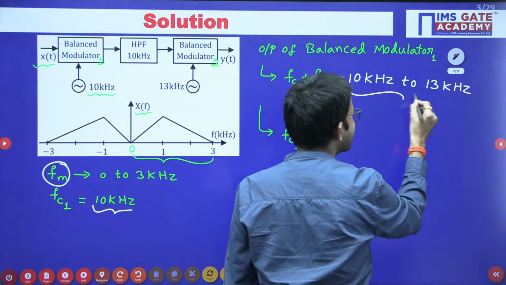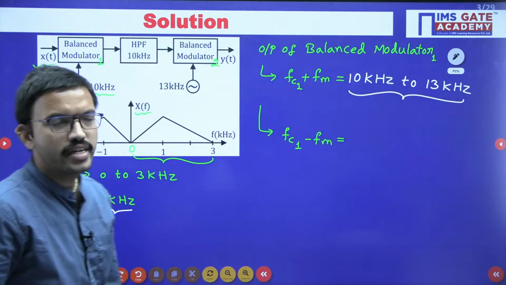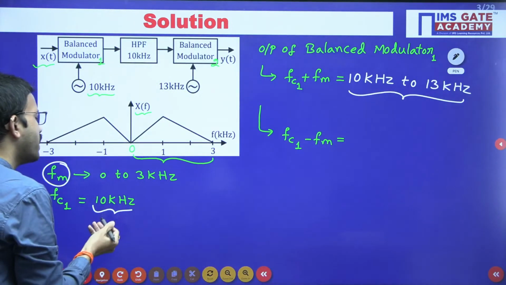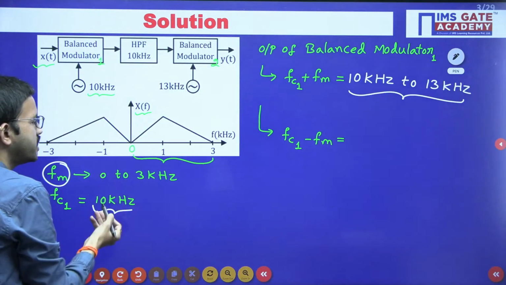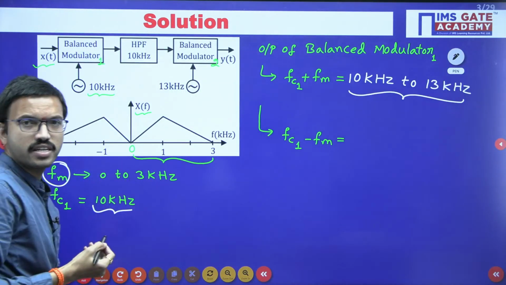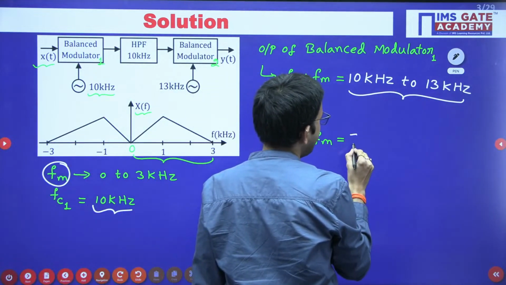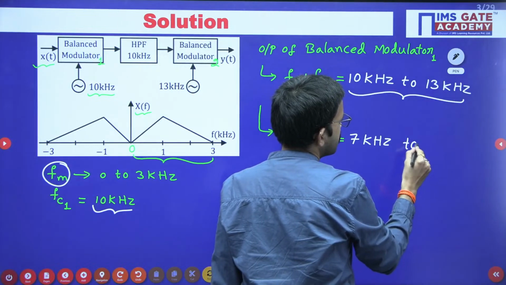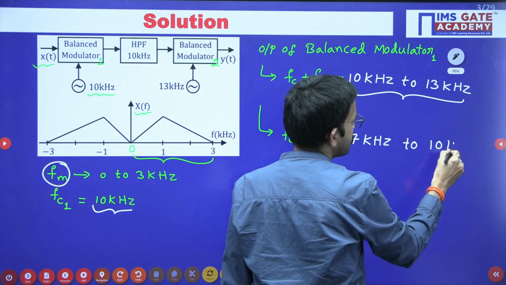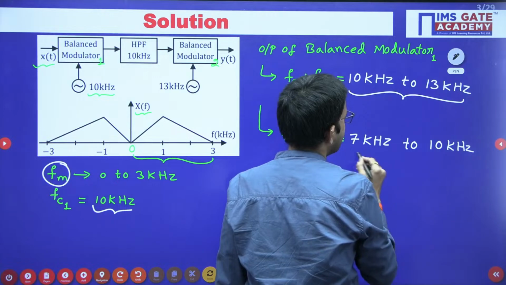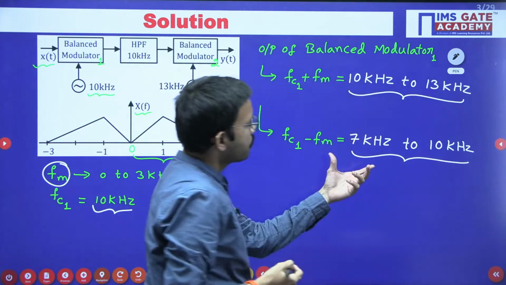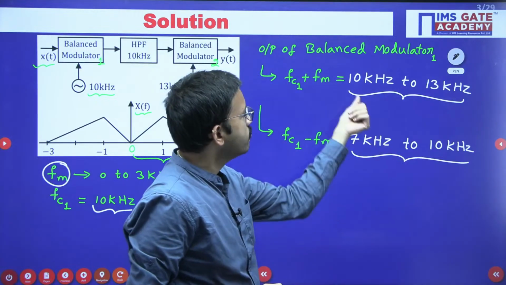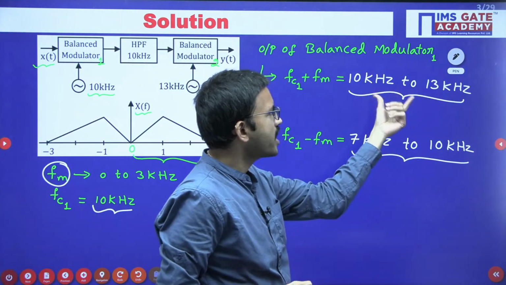This is one sideband. Next, FC1 minus FM. 10 minus 0 gives 10, and 10 minus 3 is 7. So here you get 7 kilohertz to 10 kilohertz. Overall, from 7 kilohertz to 10 kilohertz is one sideband, and from 10 kilohertz to 13 kilohertz is the other sideband.